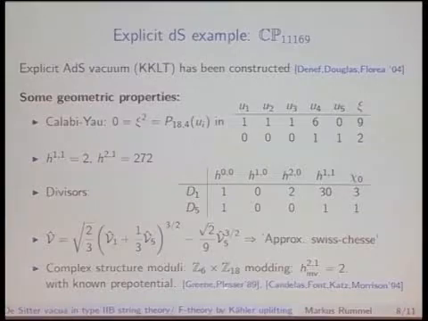We can show this explicitly. The volume is of this form. So in this basis of D1 and D5 it is not Swiss cheese, but in some sense this is just a correction. And if you do the numerics, our analytic treatment doesn't work anymore, but if you do it numerically, you still find that it works to find the de Sitter vacuum.